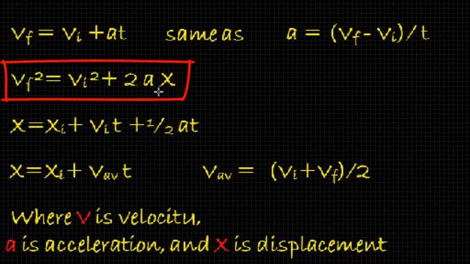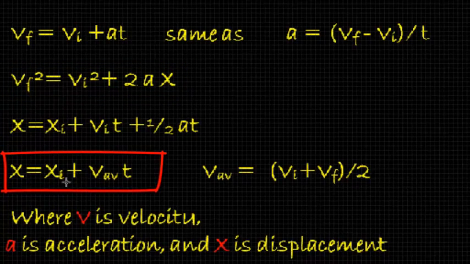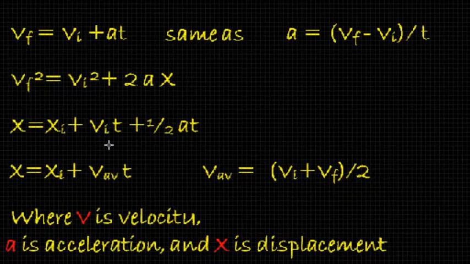And this one here, time is not a factor. Notice you have final velocity squared equals initial velocity squared plus 2 times acceleration times distance. You don't need to know time. And if you look at this equation here, you don't need to know the acceleration. So each one of these has an advantage. And the way they were derived using algebra, I could show you how it's done.